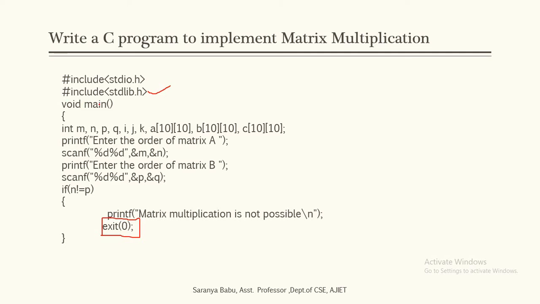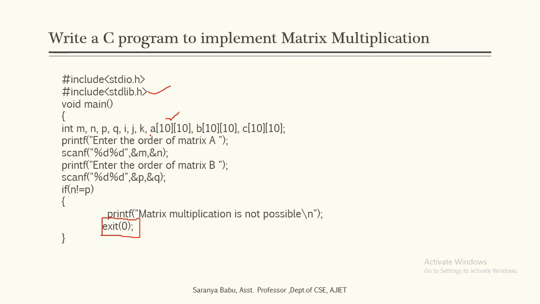If we begin from the main, we have used void main, and we are using some variables to represent the order of the matrix. As we know, we are performing the multiplication of two matrices, so we want two-dimensional arrays.